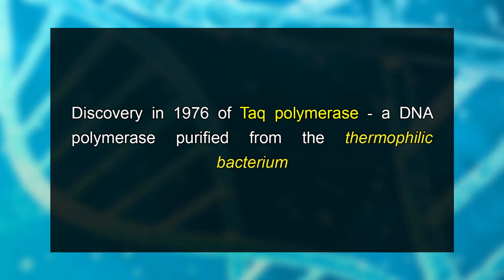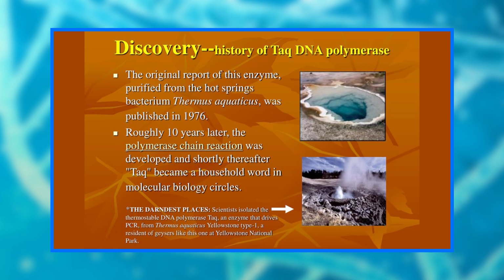The discovery in 1976 of Taq polymerase, a DNA polymerase purified from the thermophilic bacterium Thermus aquaticus, which naturally lives in hot 50 to 80 degrees centigrade environments such as hot springs, paved the way for dramatic improvements of the polymerase chain reaction method.